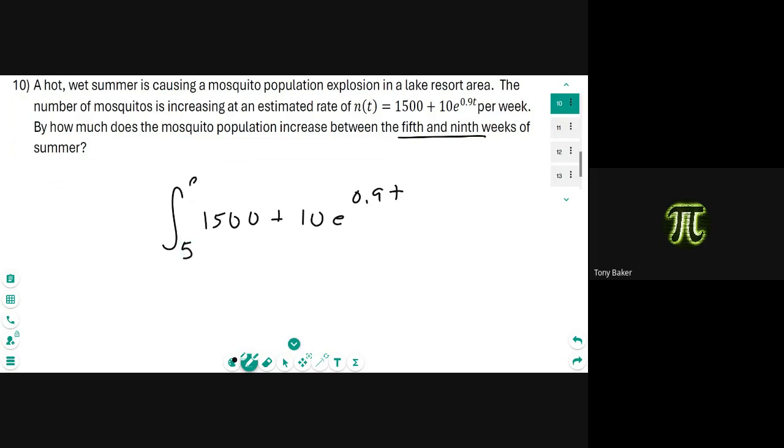So 5 to 9. Easy peasy. Lemon squeezy. So 1500 T plus 10 over 0.9, which is 90.